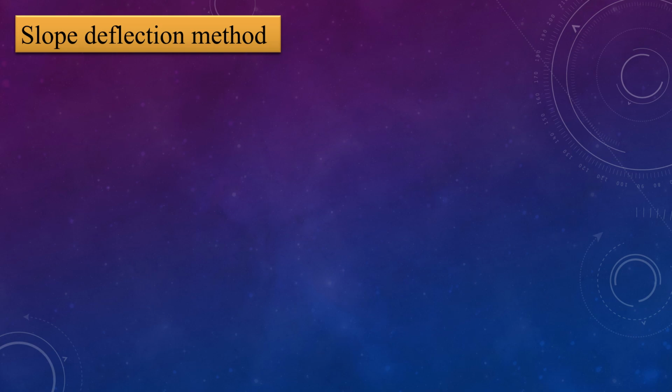Then the slope deflection method. In the slope deflection method, two types of equations are formed. First is the joint equilibrium equation, and second is the shear equation.